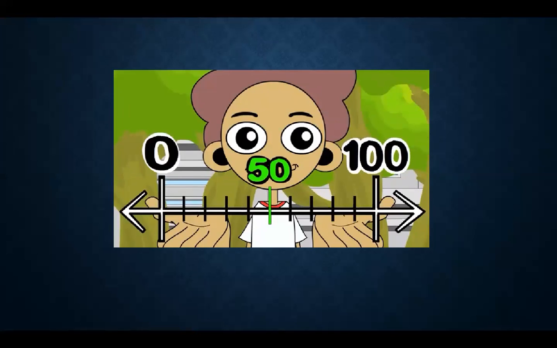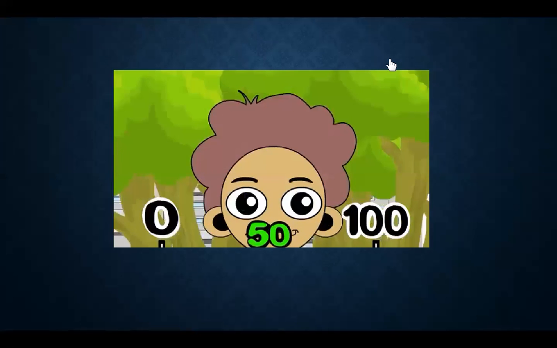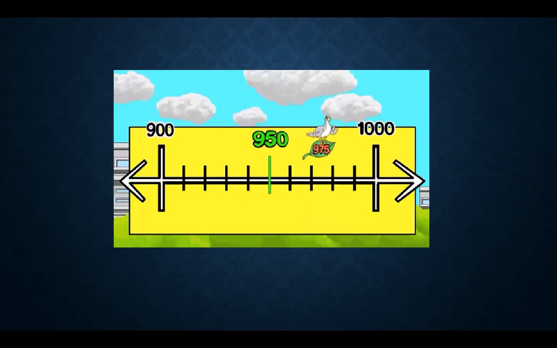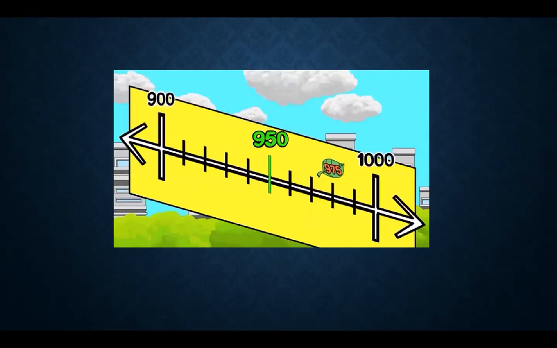Sometimes the nearest 100 is 1,000. Look at 975. The benchmarks are 900 and 1,000. The midpoint is 950. 975 is greater than 950. So to the nearest 100, 975 rounds to 1,000.